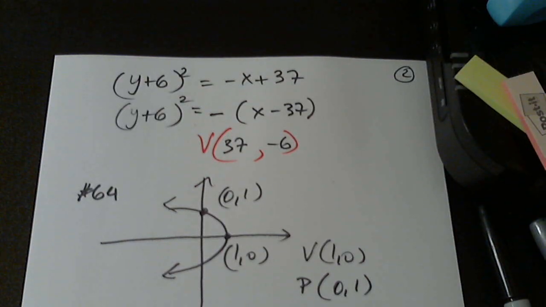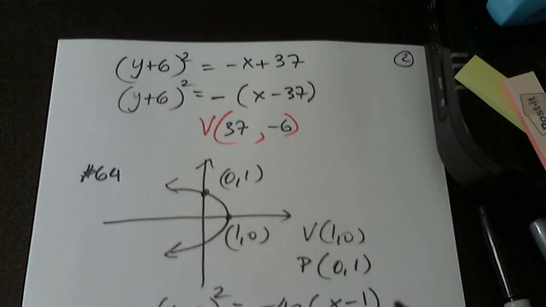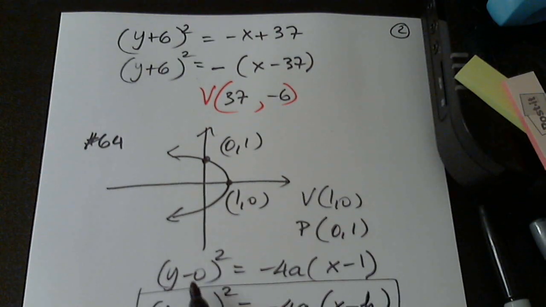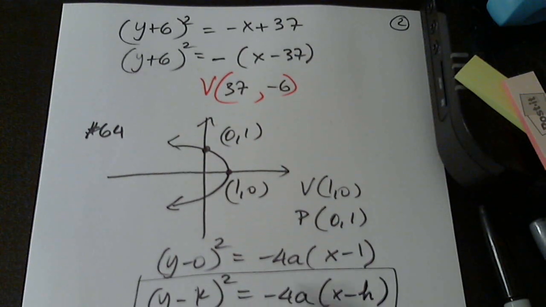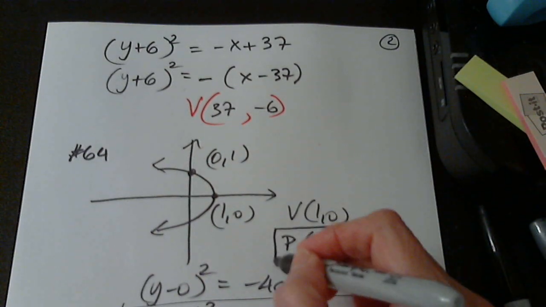So y minus k squared equals negative 4a x minus h. This is the formula for such a situation. I will simplify just this, because y minus 0 is y, so it's y squared equals negative 4a x minus 1. Why do you think that we are given another point?